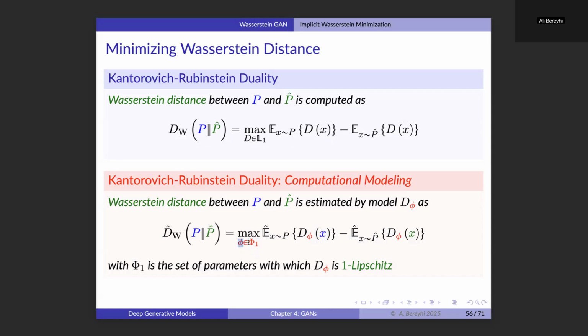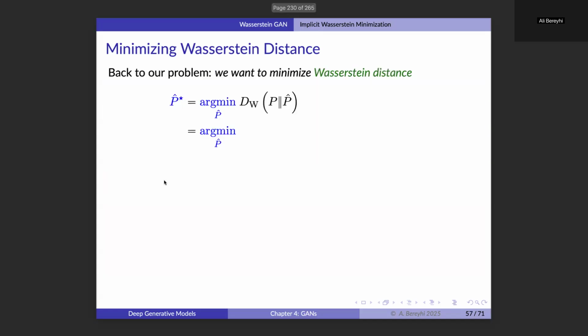But if you can manage to have this set somehow concentrated somewhere, then you can simply do the maximization over this set, and then you can get an estimate of the Wasserstein distance. So this is a good thing because right now we can eventually estimate this Wasserstein distance, and this is what we need because, at the end of the day, we want to computationally estimate it and then minimize it, right? So that's the final conclusion here.